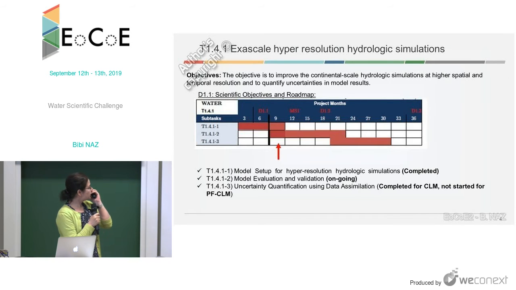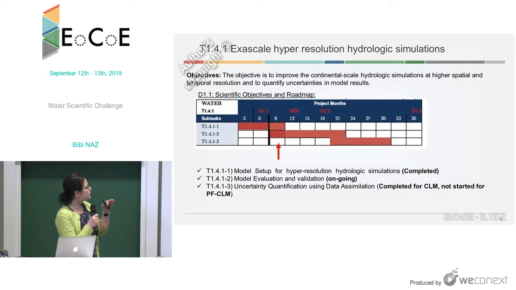So this is just an overview of the first task, which is related to performing these large-scale hydrological simulations, and the objective is to improve these continental scale hydrological simulations by using higher spatial and temporal resolutions.